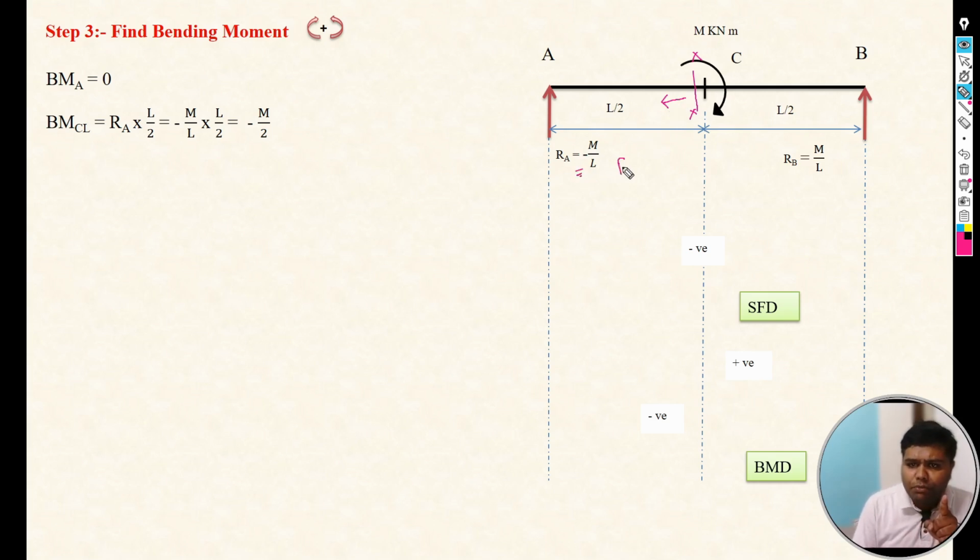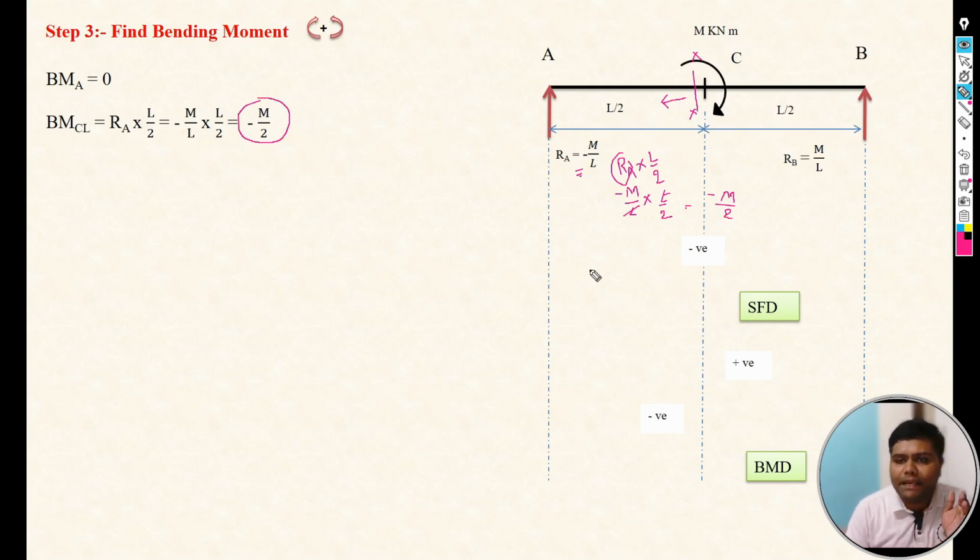Moment of RA is RA into perpendicular distance, that is L by 2. RA is the support reaction, which we already calculated, and its magnitude is minus M by L into L by 2. L gets cancelled, and the remaining term is minus M by 2. So the moment at C left is minus M by 2.